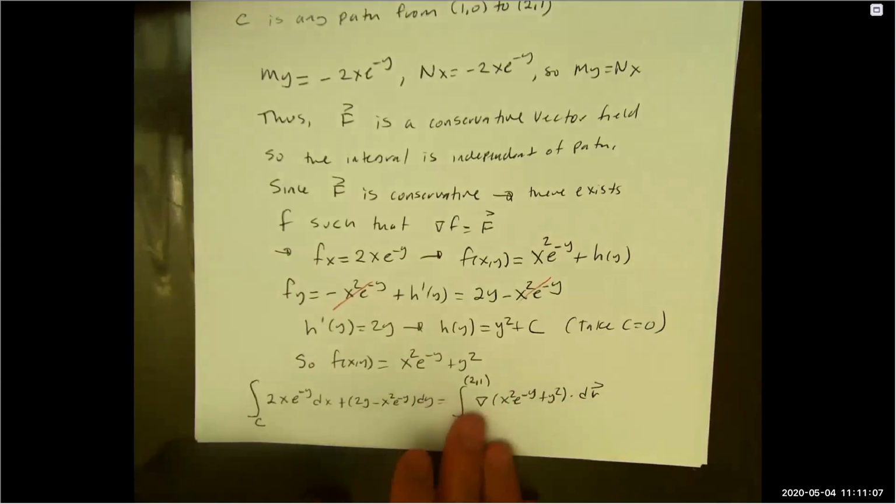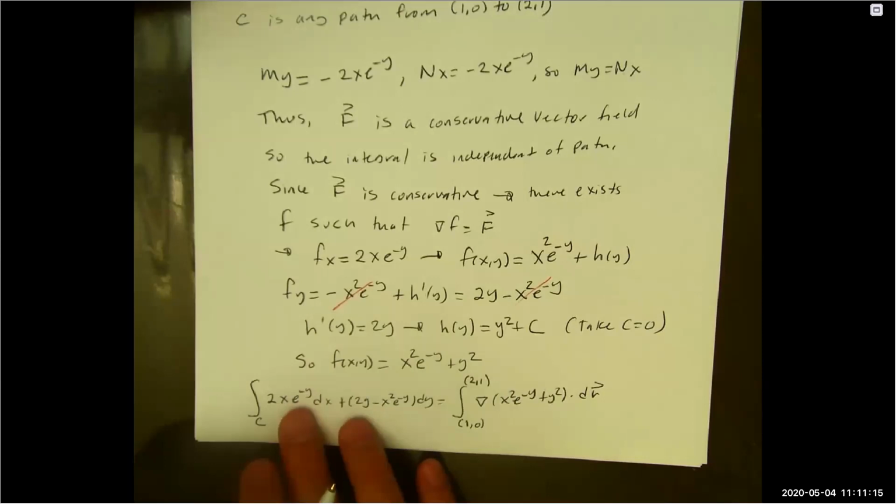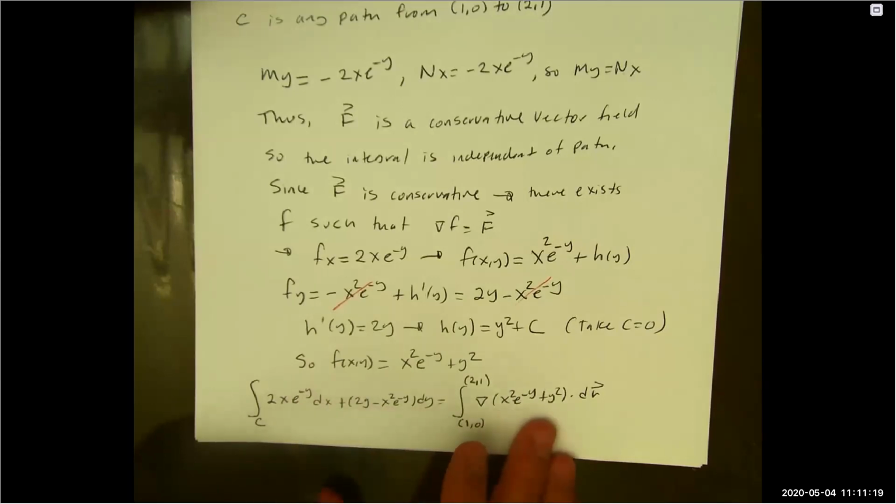And I think you could see that if you took the gradient of this, you would end up with the vector 2x e to the minus y for the first component, and then you'd have 2y minus x squared e to the negative y for the second component. So these, in fact, would work out.